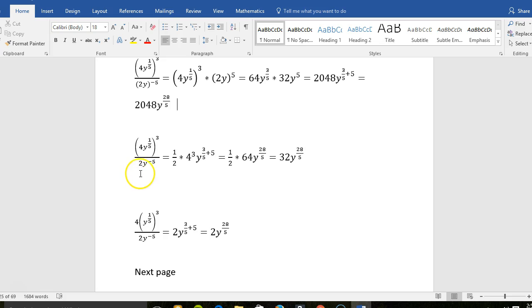Okay, let's look at this one. Same numerator. Now this is different. We're not raising 2 to the -5 power. It's just the y only. So that 2 stays down there as 1/2, and the y comes up.